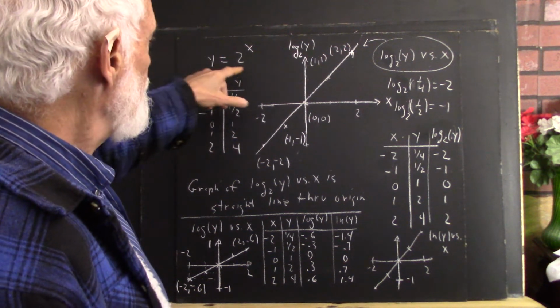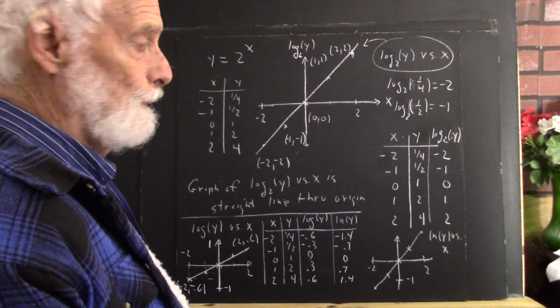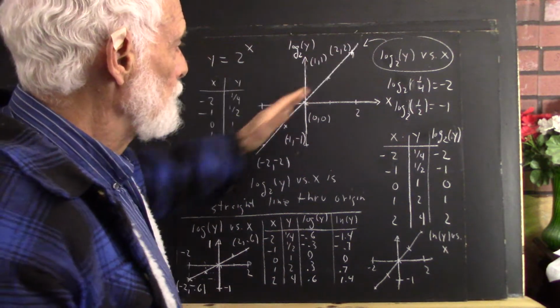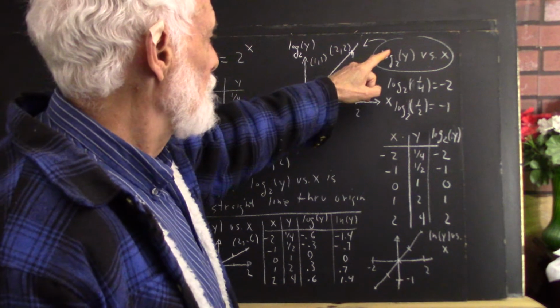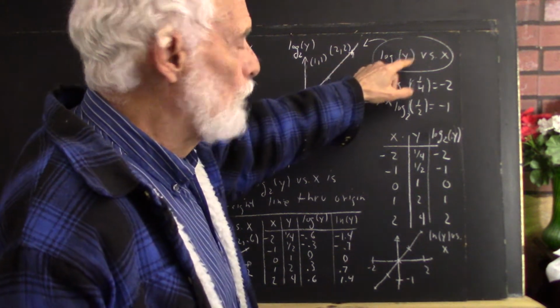So if you have any exponential function, you're going to have a straight line graph if you graph any log of y versus x.